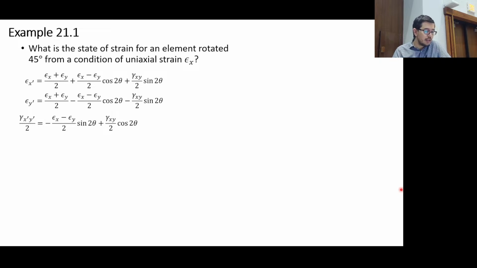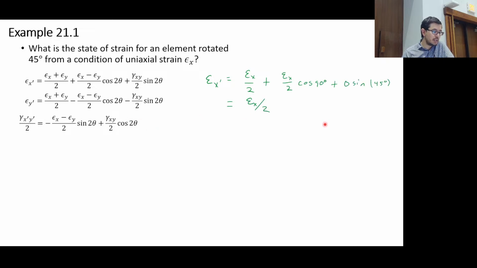So if we're interested in seeing, okay, what is the strain 45 degrees from this, we can use these equations. And we can plug in what? 2 theta, so the 2 theta will be equal to 90 degrees. Okay, so we can go ahead and plug in the 45 degrees into our equation.